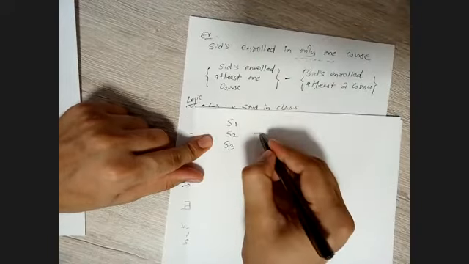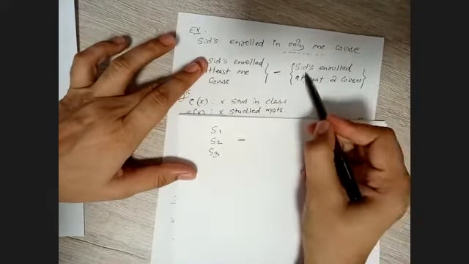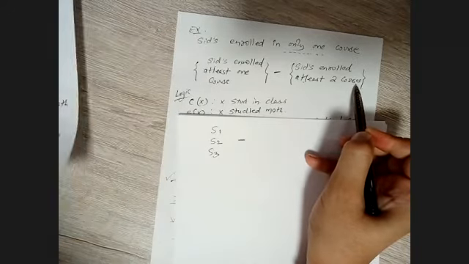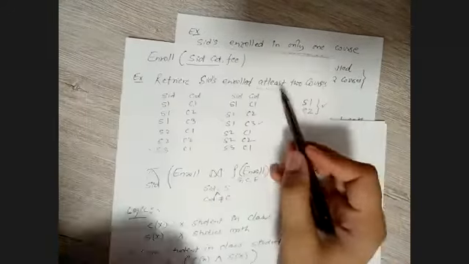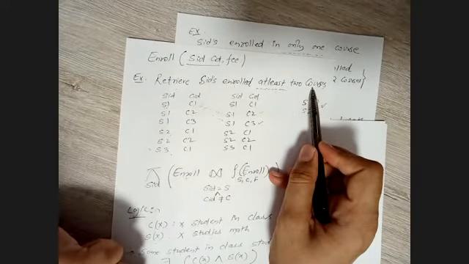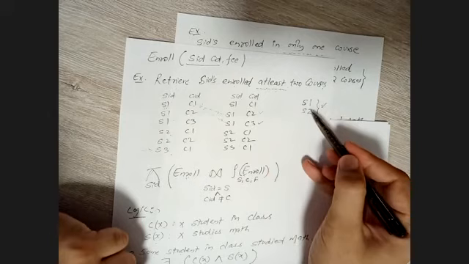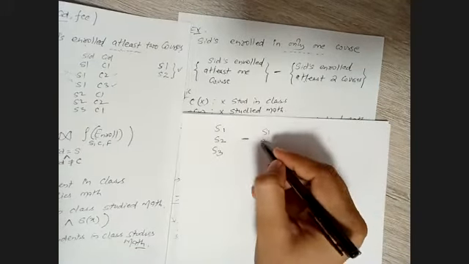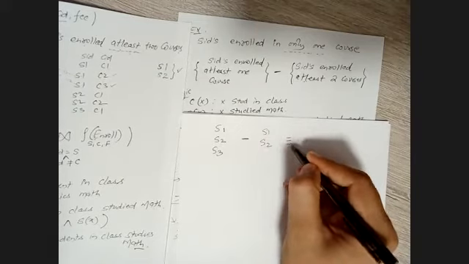Difference operator, fine. Now see, SIDs enrolled in at least two courses. We have probably already calculated this, right? And what should be the answer? S1 and S2. Yes or no? So what should be the result of this one?